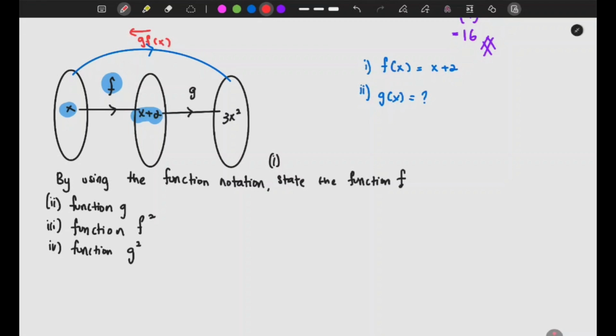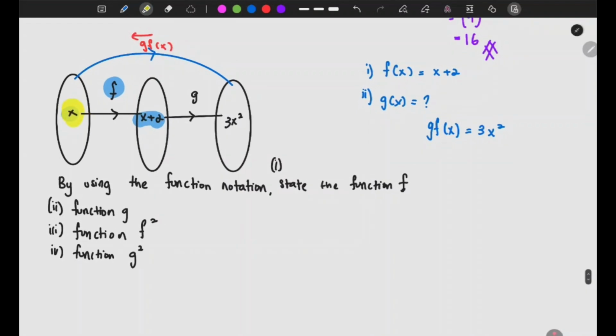But you know your gfx, right? So we already found the function of gfx. This gfx I can say equals 3x squared, because you see, here initially my x, I crossed the bridge of f, and I get my 3x squared.